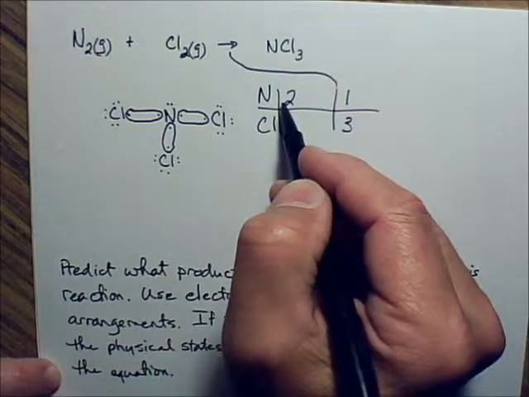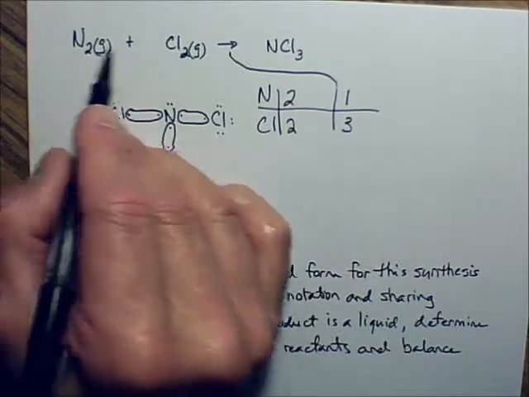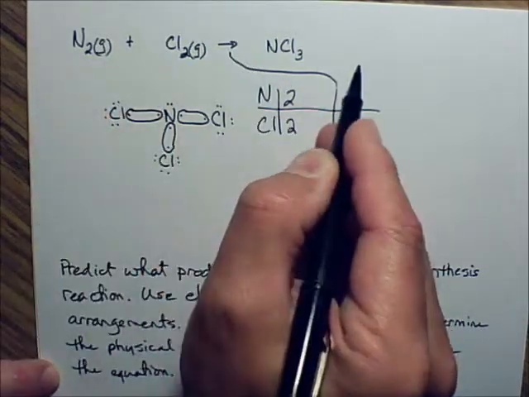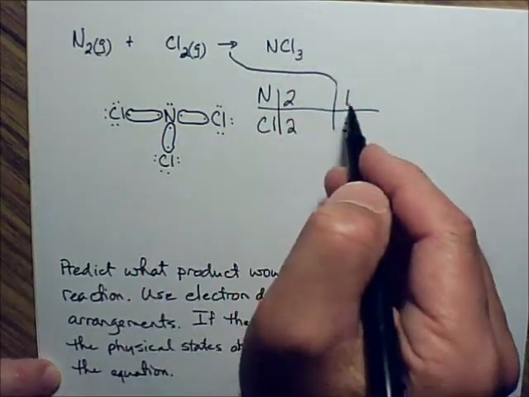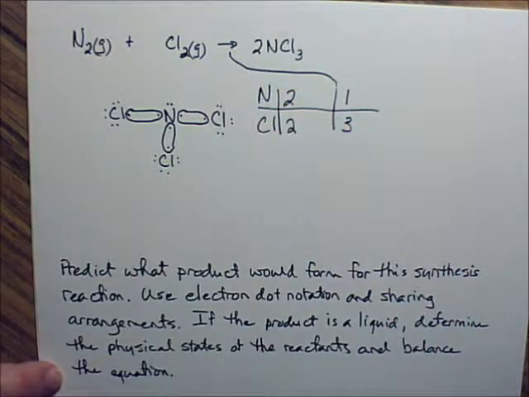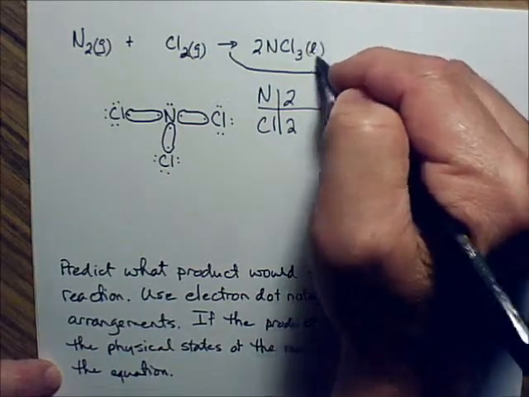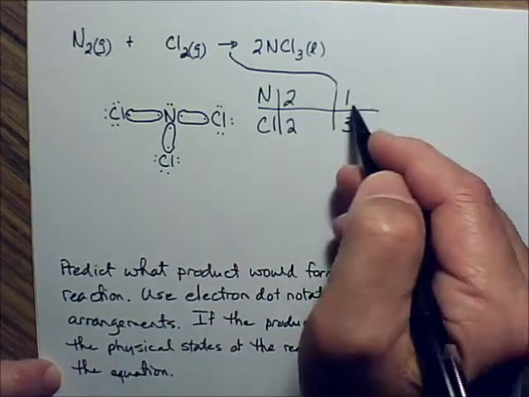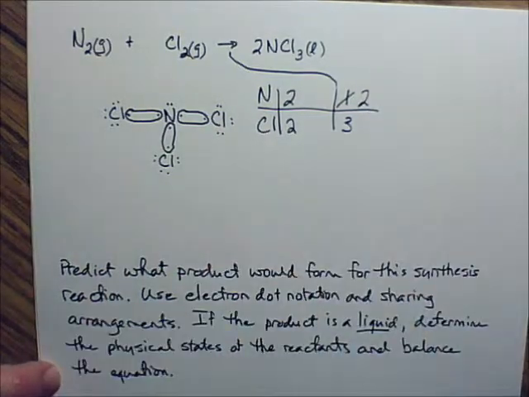So, starting with nitrogen, I have 2 on the left side here and only 1 on the right. Using coefficients to get 2 nitrogens, I'll put a coefficient of 2 in front of that species. Oh, by the way, I said this was a liquid too. Right here, I need to put L there. So now I have 2 nitrogens on the right side.